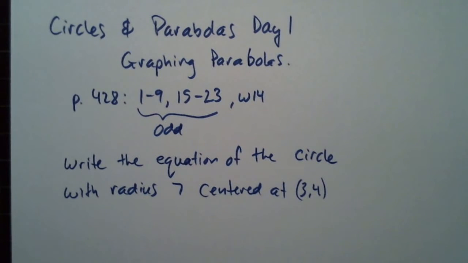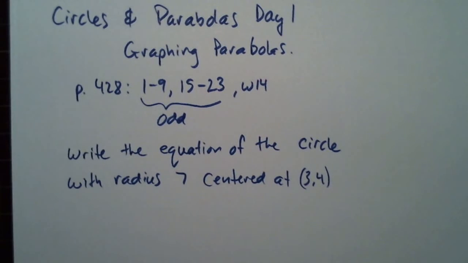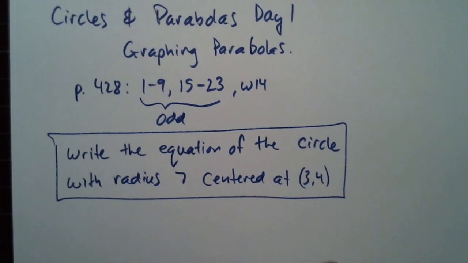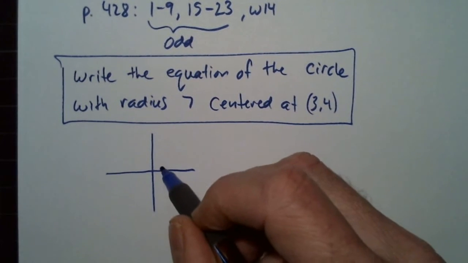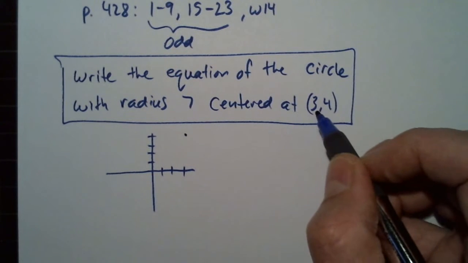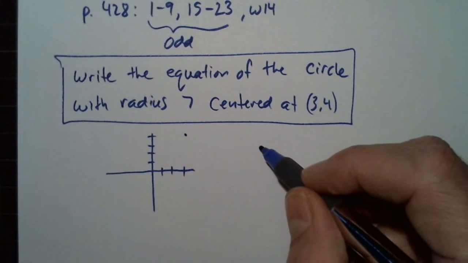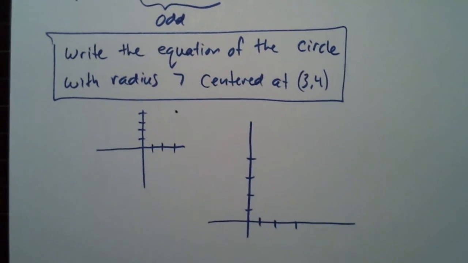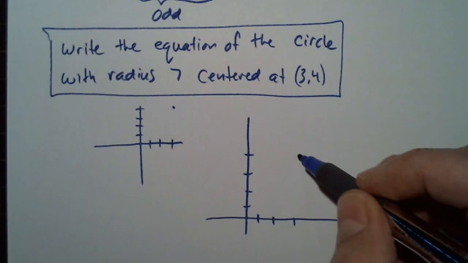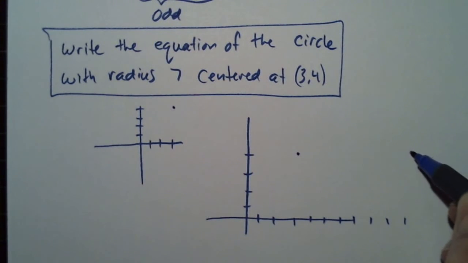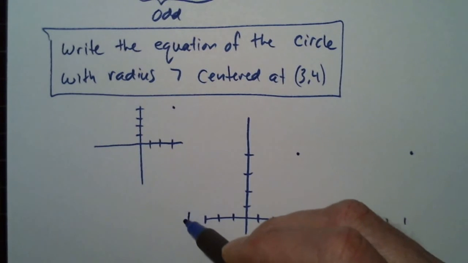So then when we have a question like this, the center is at 3, 4 with a radius of 7, and one, 2, 3, 4, 5, 6, 7.